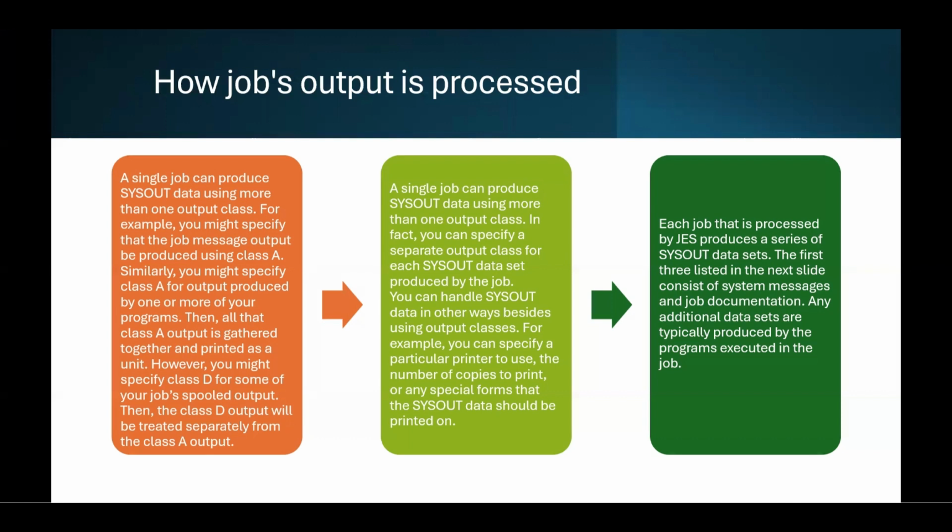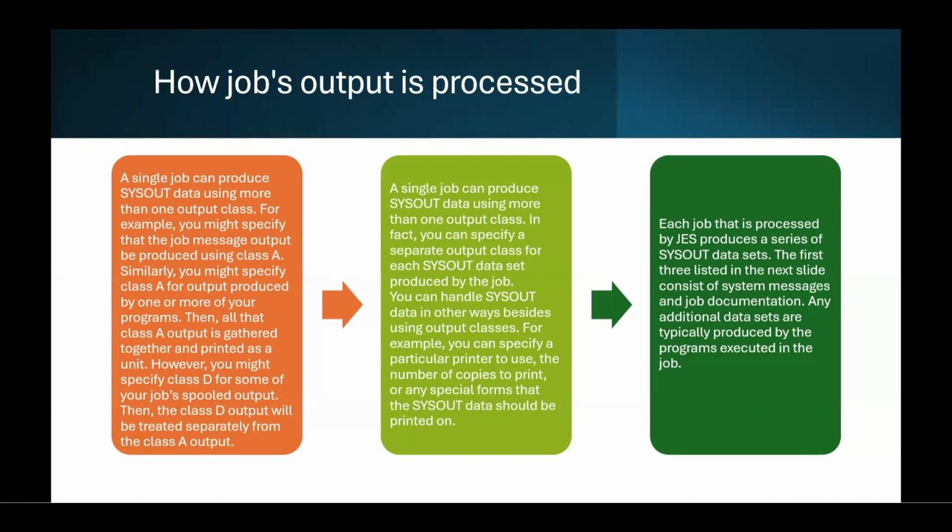So for example, you have given the output class as A, then you will get all the information gathered together and printed as a unit. And also you might specify another output class, which is class D, for some of your job's output. Then the class D output will be treated separately from the class A output.